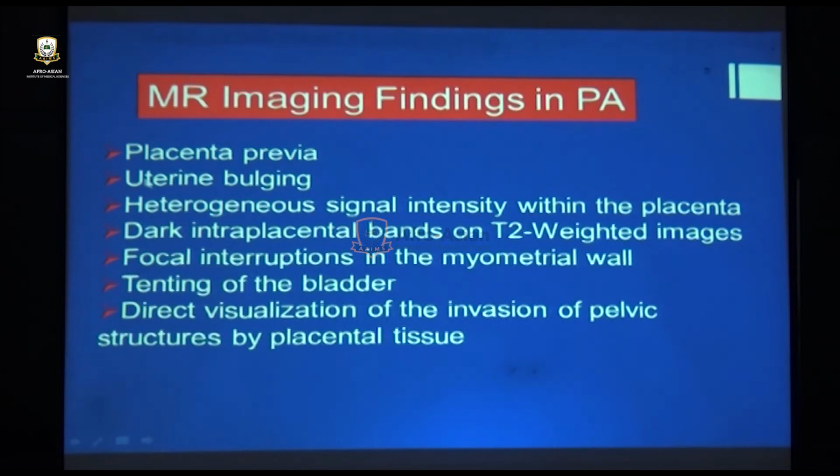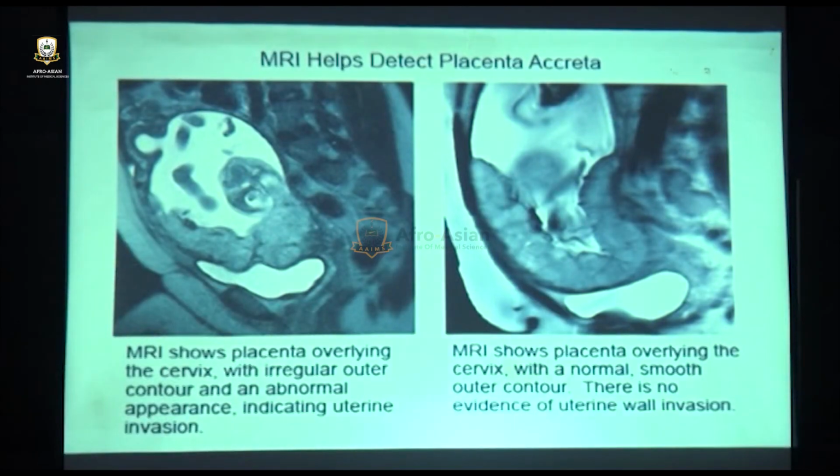So in MRI, we see placenta previa, uterine bulging, heterogeneous signal intensity within the placenta, lacunae, dark intraplacental bands on T1 and T2 weighted images, focal interruption in the myometrial wall, and tenting of the bladder. This is a very good sign. And direct visualization and invasion of pelvic structures by placental tissue. We just saw that in one of the examples of percreta. Vessels were going into the wall. These are the images of MRI.